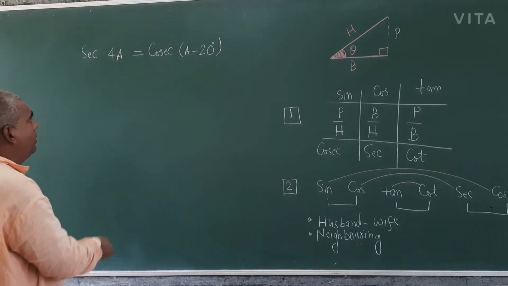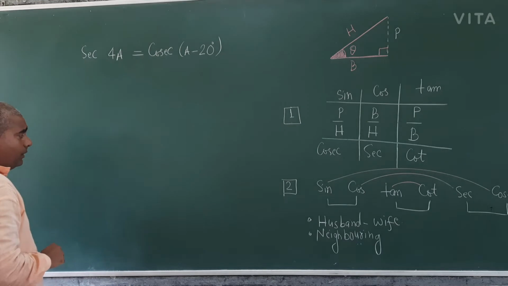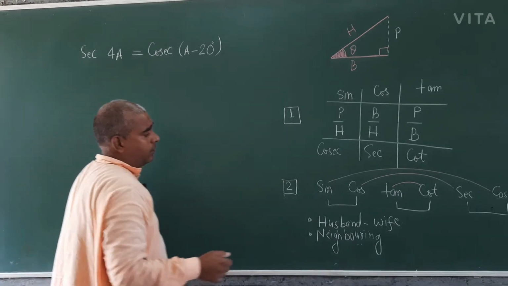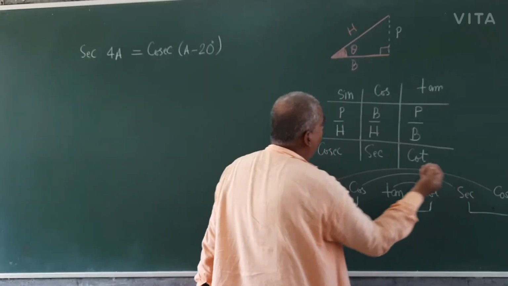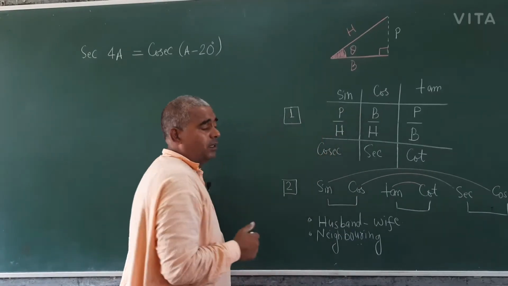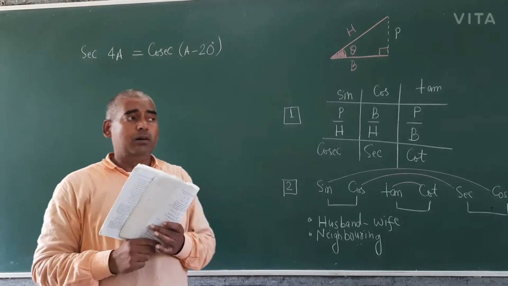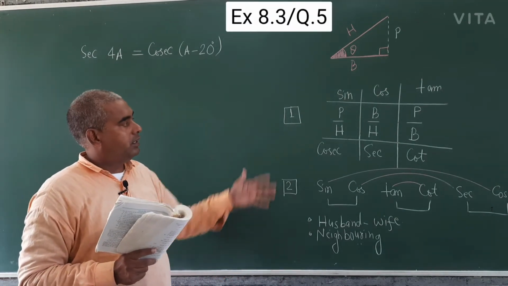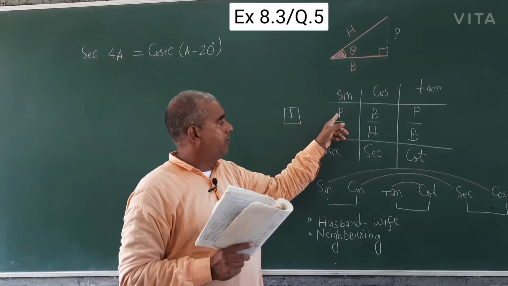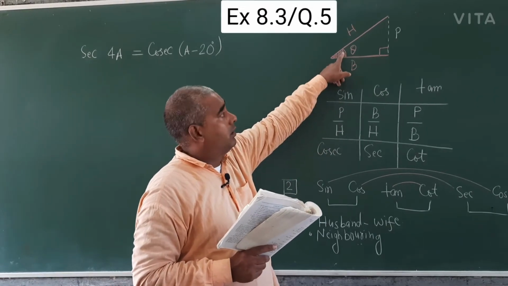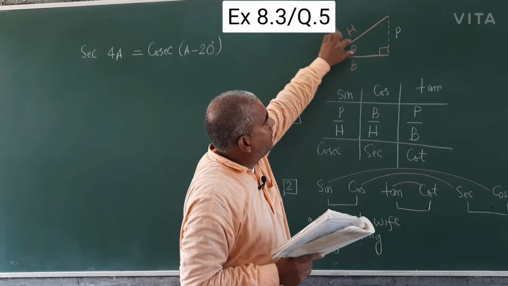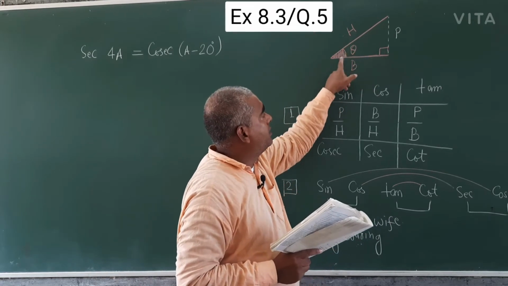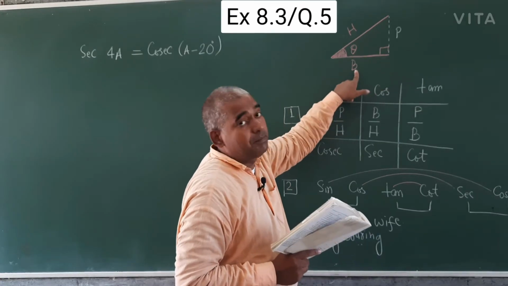So this is the question, you have to find a. Here we have sec and cosec. Through this diagram I have told you these are the definitions. Perpendicular by hypotenuse, this is theta. Theta is made with the hypotenuse, just in front of the 90 degree, and the theta is based on this base, so that is why it is base.